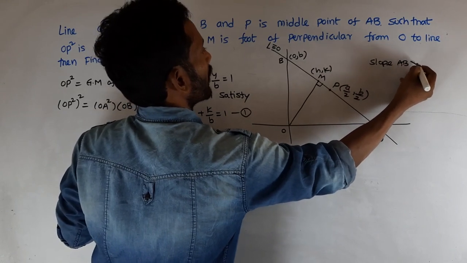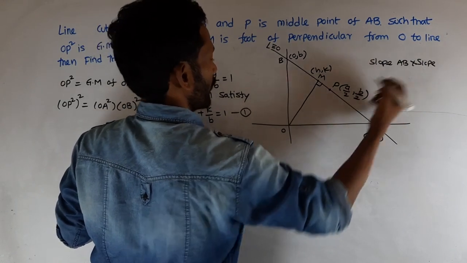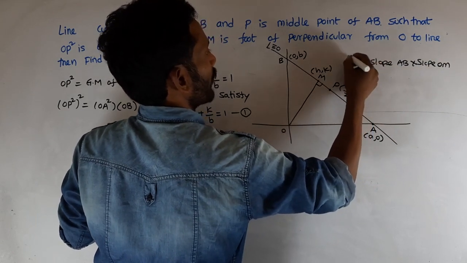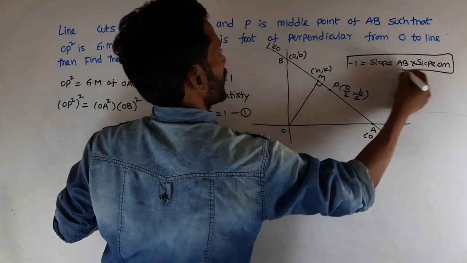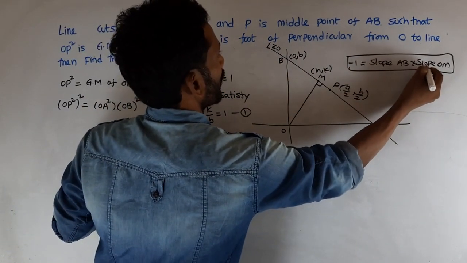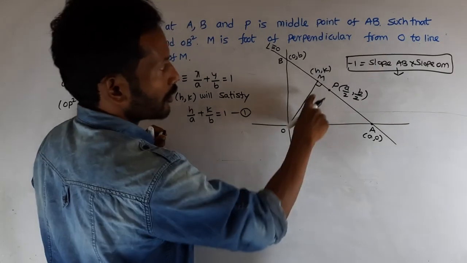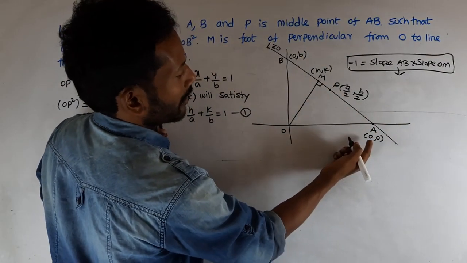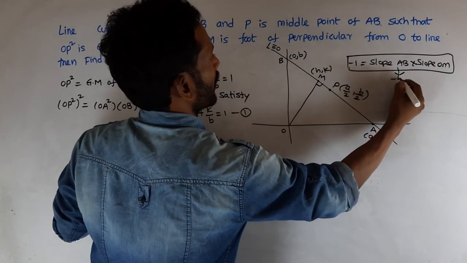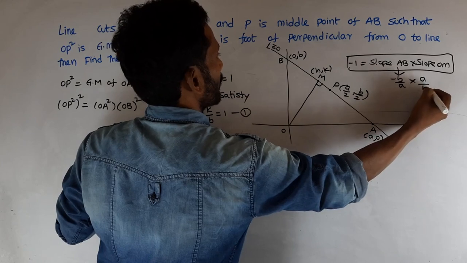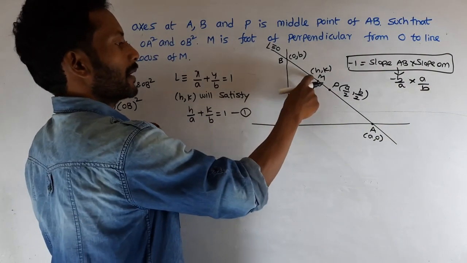Slope of AB into slope of OM equals minus 1. These two are perpendicular lines. The slope of AB is y2 minus y1 by x2 minus x1, which is minus b by a. So what is the slope of OM? A by b.